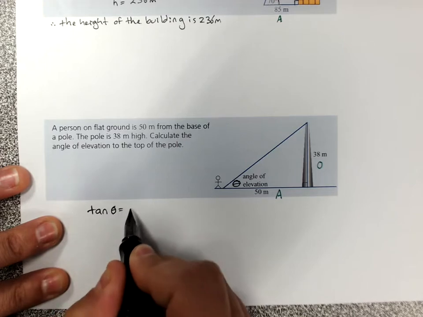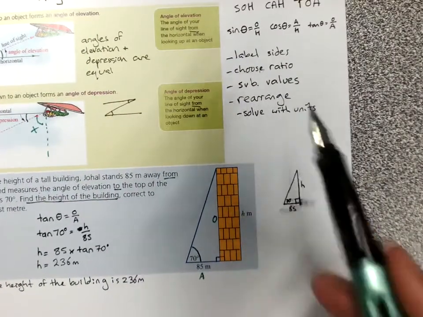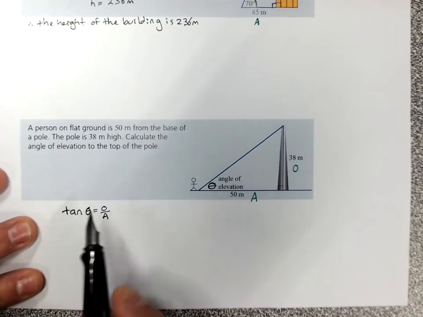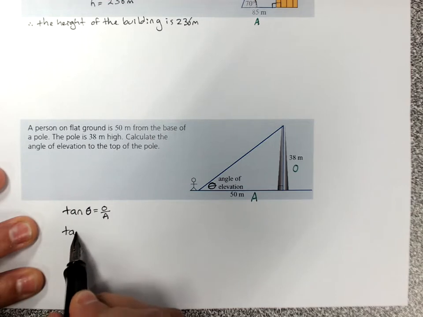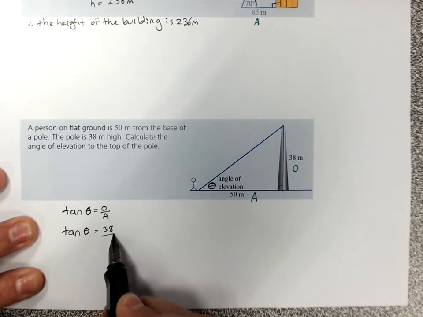Include theta. Substitute the values. Now I don't know the angle, so the angle stays as theta. Tan theta equals opposite is 38 over adjacent is 50.